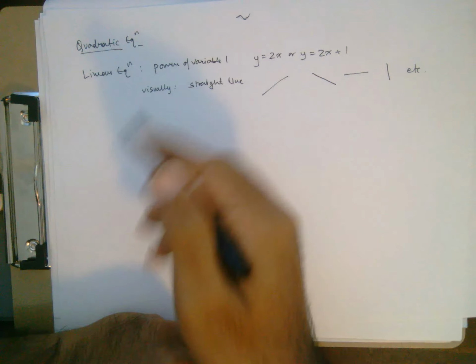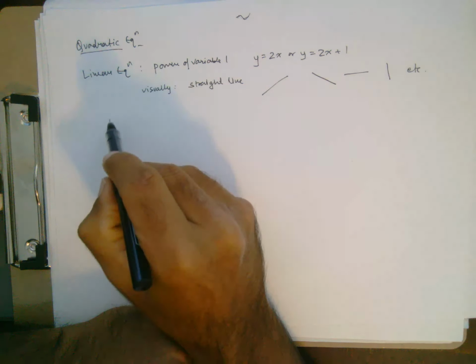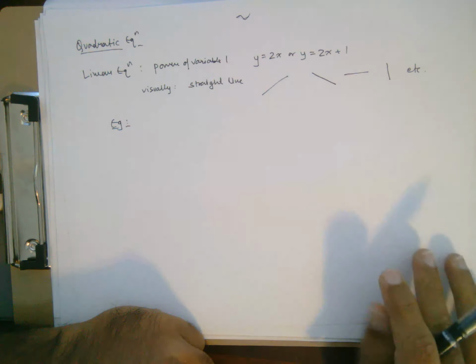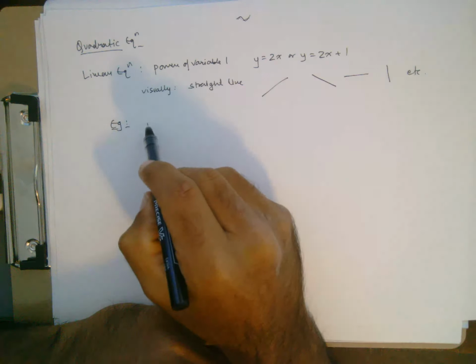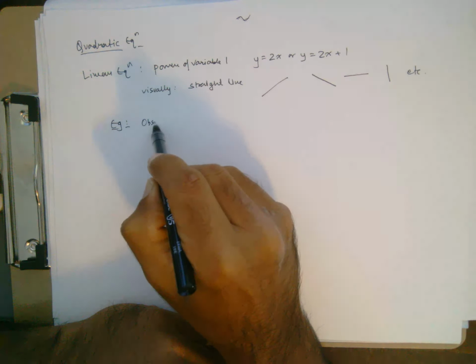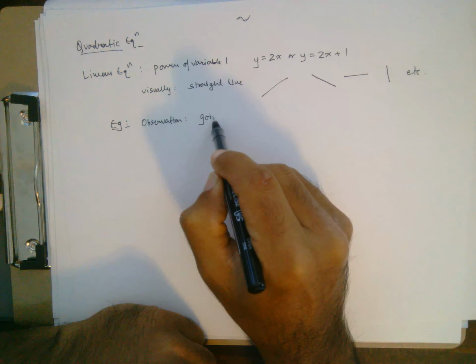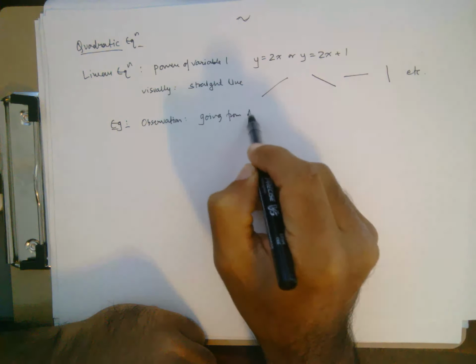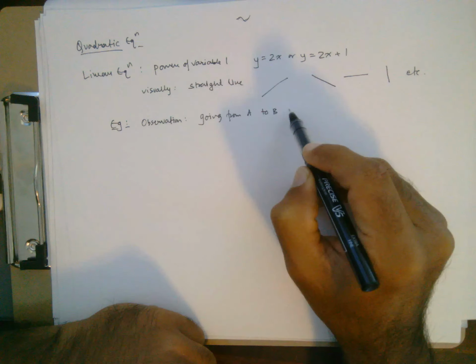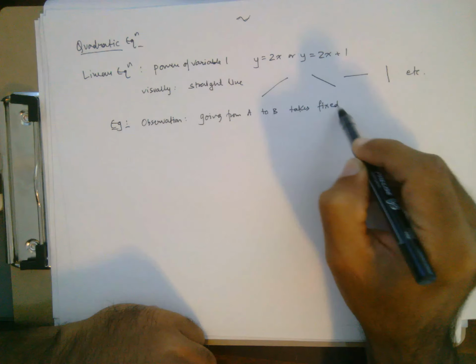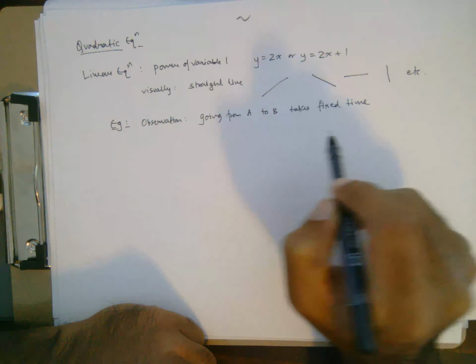Now, what's the idea behind this? A simple example would be, let's say, thousands of years ago, a very common observation is that going from point A to B takes, say, a fixed amount of time. Why is that?